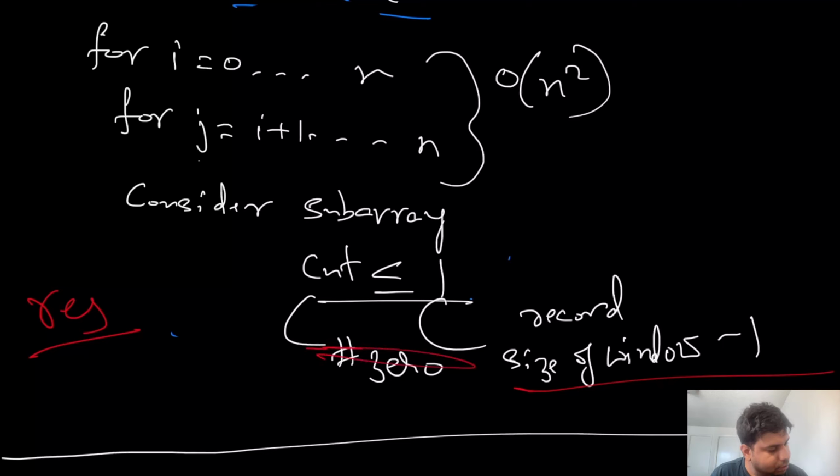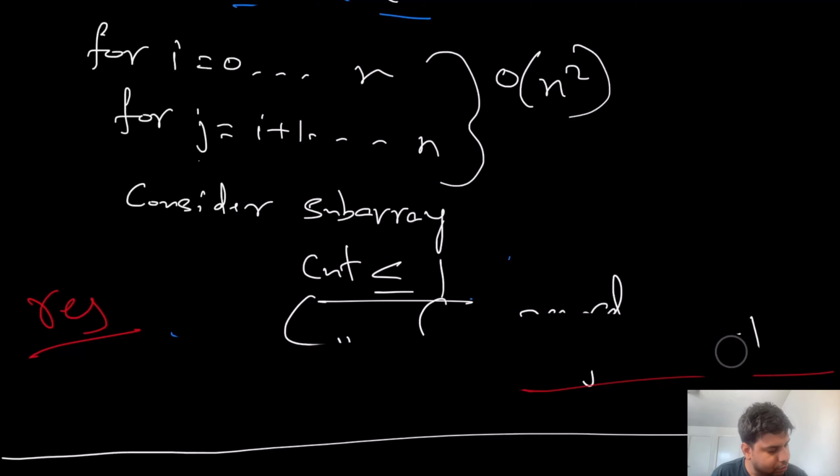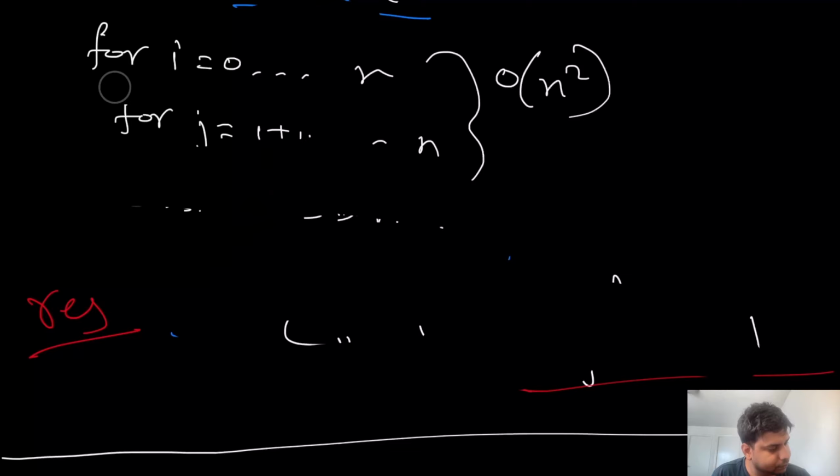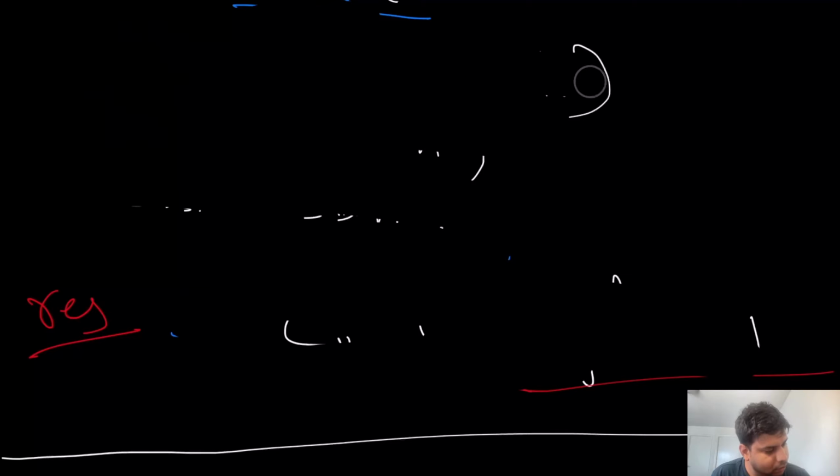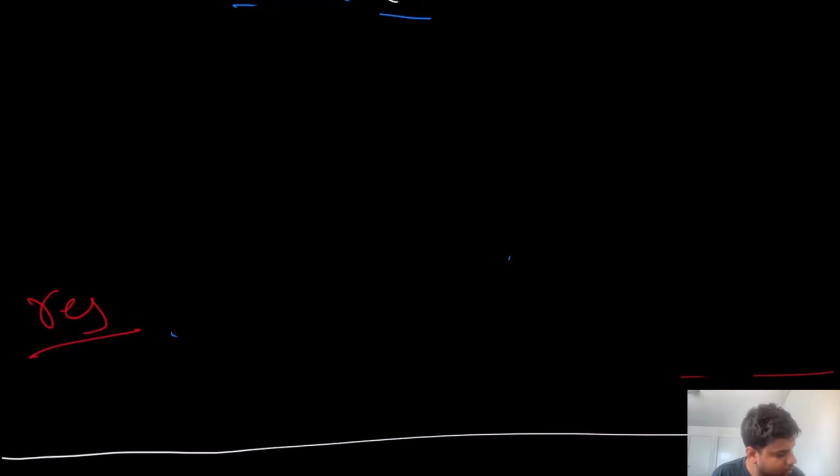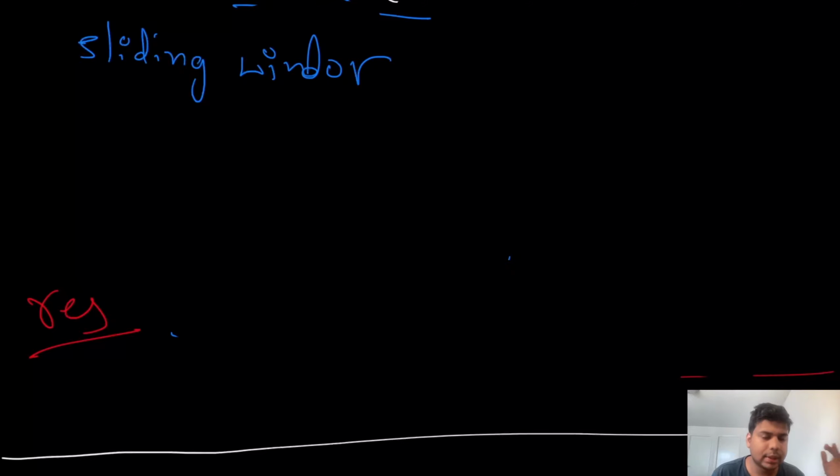Let me tell you the sliding window approach which we could follow. Okay, let's erase this off. The sliding window I'm going to discuss here is exactly the same as the previous question, so there is nothing new.